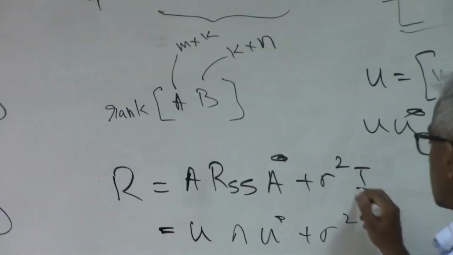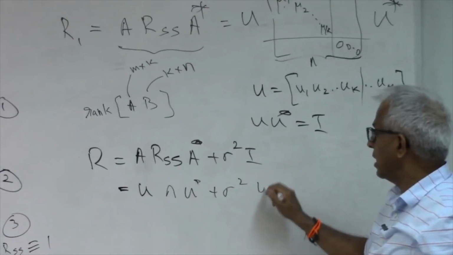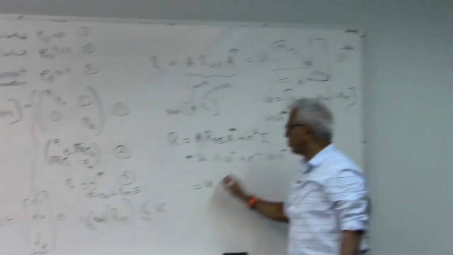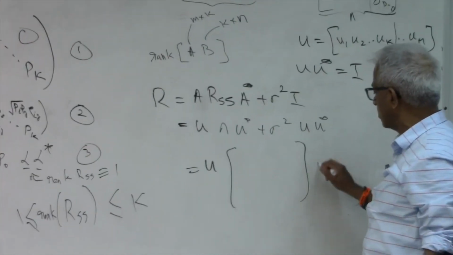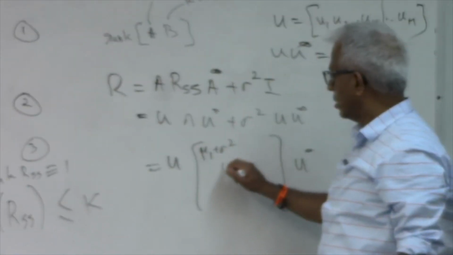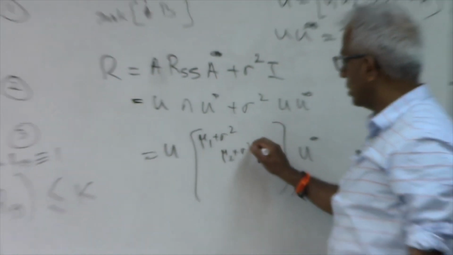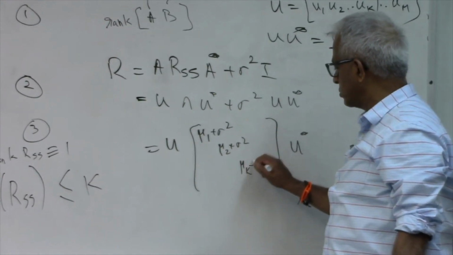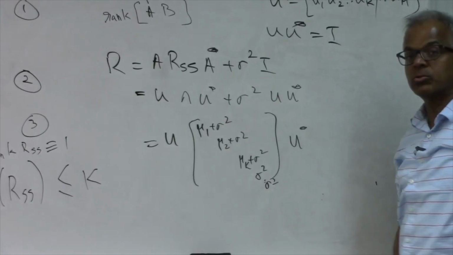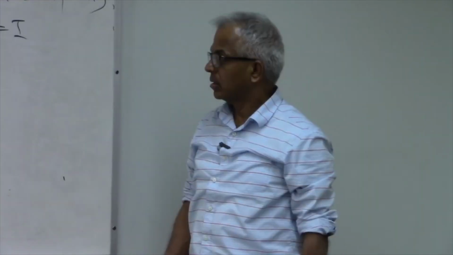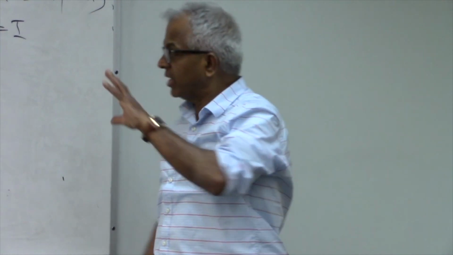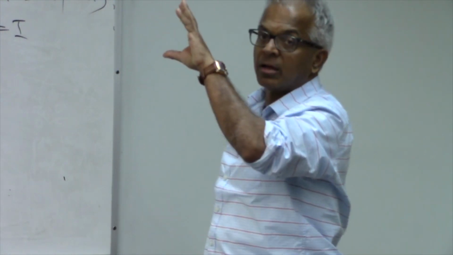Then you have sigma squared I. Look at here. I am going to write it as U star. Then U I can pull out, and this is what he was trying to say. You have mu1 plus sigma squared, mu2 plus sigma squared, up to muK plus sigma squared. But after that you only have sigma squared, sigma squared. So we know that K is unknown.